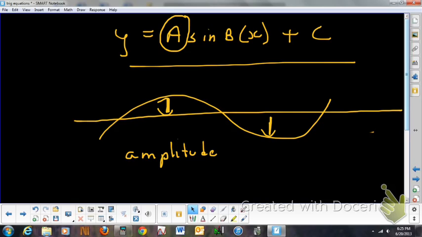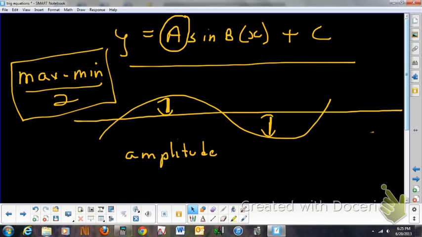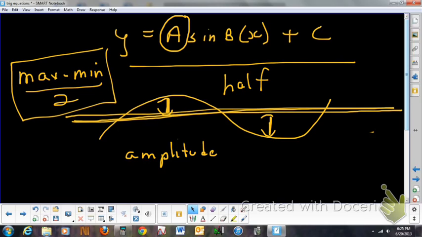There's that line of symmetry that makes this thing a mirror image, and that helps you identify the amplitude. Now there's a way of finding A. There's an actual formula. You take your maximum value minus the minimum value and you divide by 2. That's this mirror line here, or line of symmetry. It is half the distance, right? Halfway between the max and the min point. And that's how you calculate A.